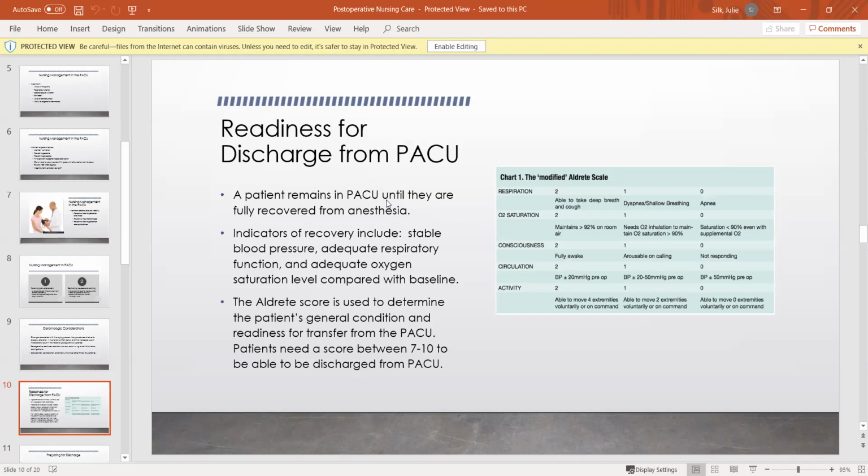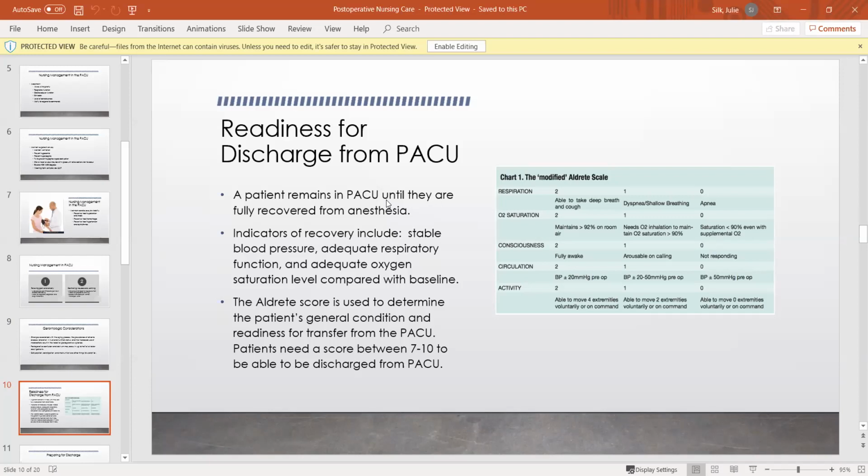So what we look for is their respirations. We want to see that they're able to take deep breaths and cough, so that we would give them a 2 for that. If they have a good oxygen saturation, so they're 92 or above, we're going to give them a 2 for that. If they're conscious and fully awake, we're going to give them a 2 for that. If their circulation is good, they have a decent blood pressure, we're going to give them a 2.